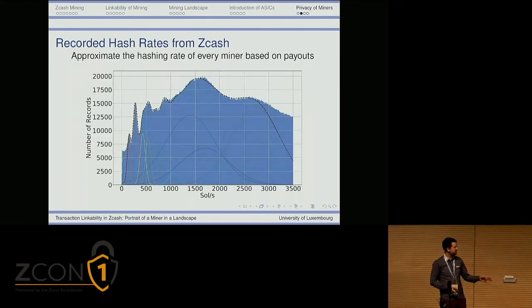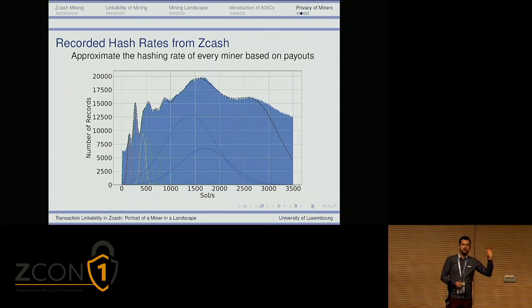As such, first, we made a graph where we plotted every single mining power we have ever recorded in Zcash, which is this graph. And what we noticed in it is that it sort of looks like a combination of different normal distributions.